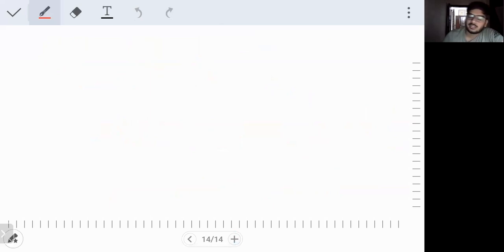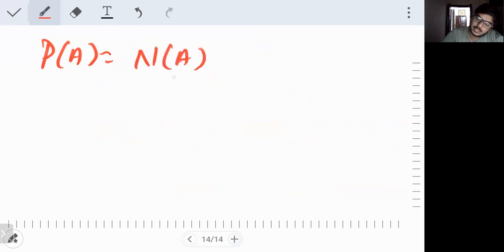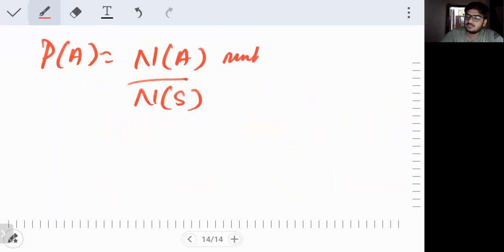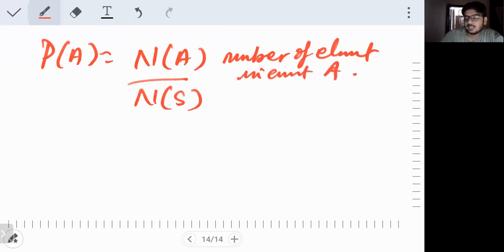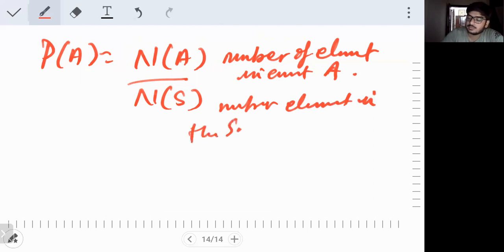We define the probability of event A as P = N(A) / N(S), where N(A) is the number of elements in event A, and N(S) is the number of elements in the sample space. So this will be the classical approach that we will use in the upcoming questions.